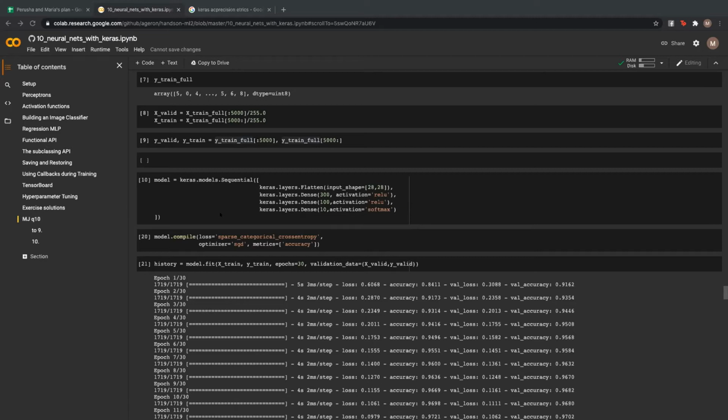But if you had turned it into a vector that only stores the position at which you have the ones, which is the way you have here, then you would use sparse categorical cross entropy, so that the compiler knows what sort of format you're expecting.